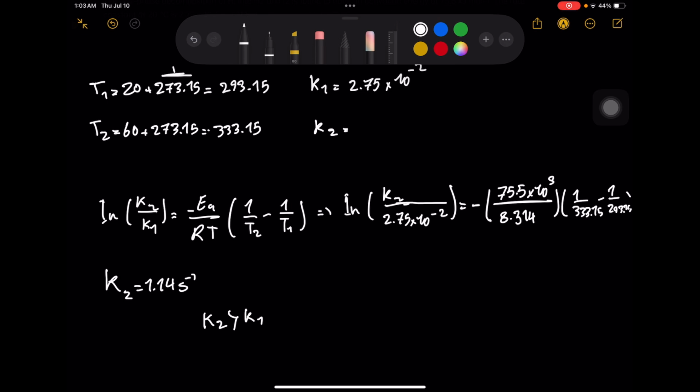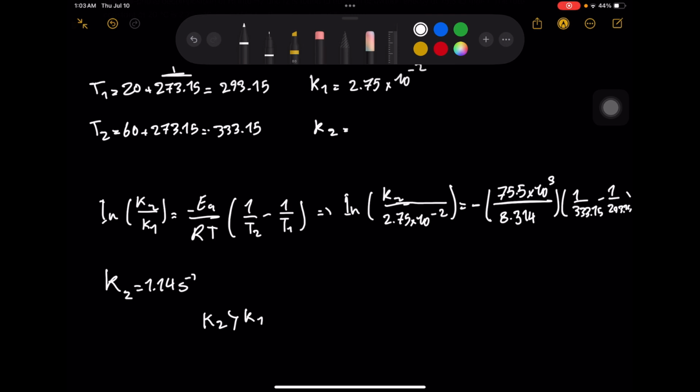Yes. And why? Because we increased the temperature by 40 degrees Celsius, right? And we said the temperature almost every time has a positive effect on the rate. It lowers the activation energy, increasing the rate constant.